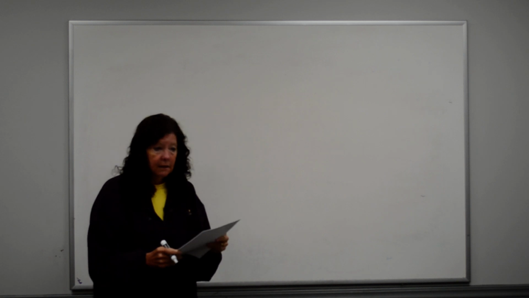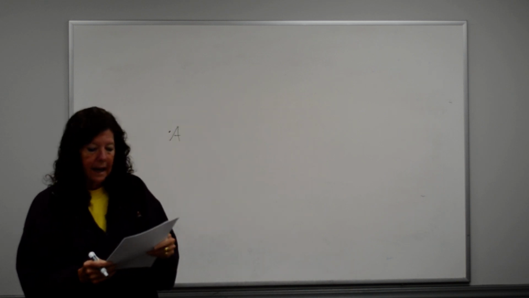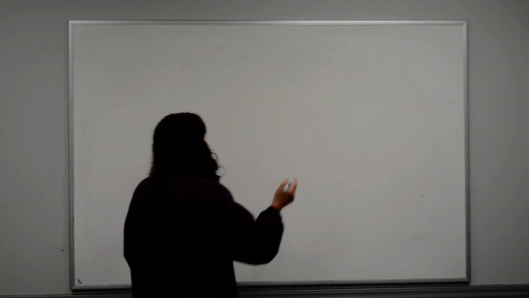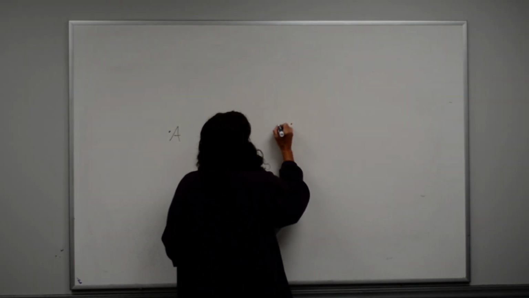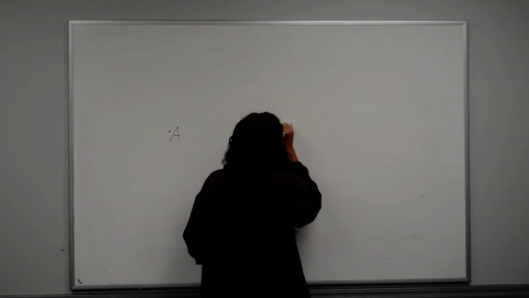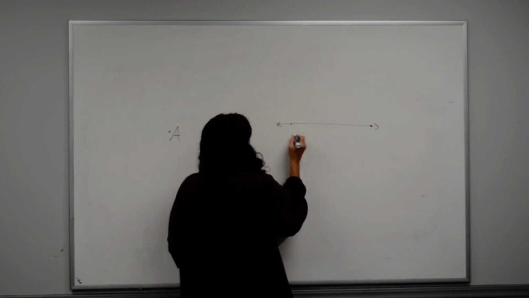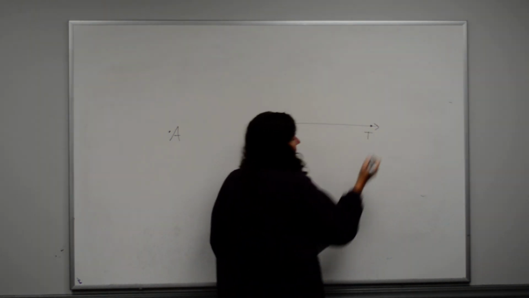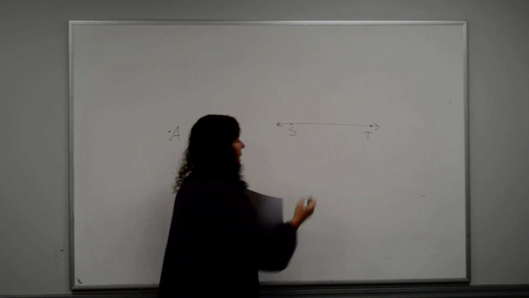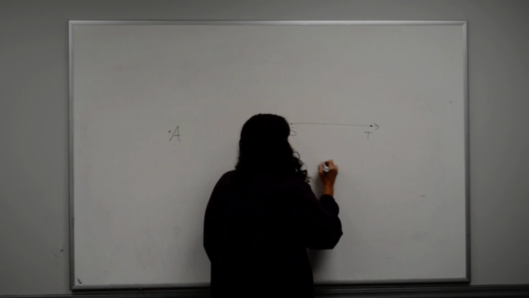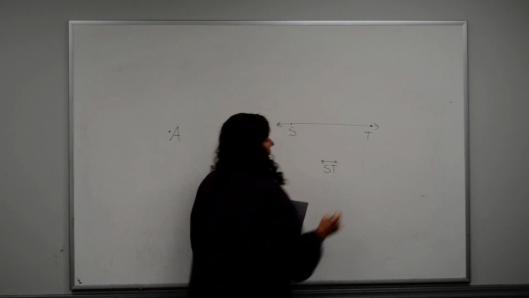A line is made up of points and it's named by two endpoints. So this would be an example of a line, and let's say that's ST. That's a line. This is my abbreviation for a line.